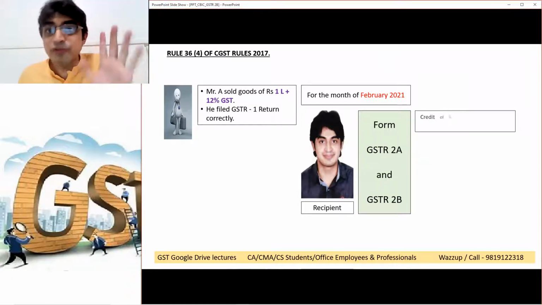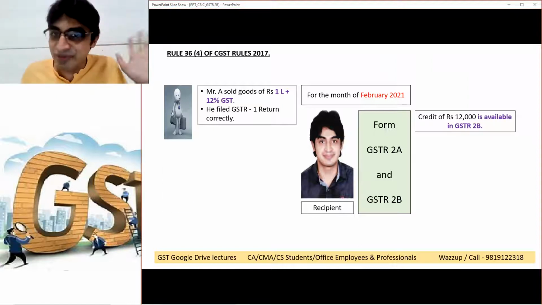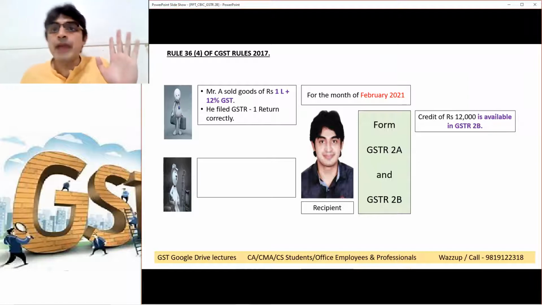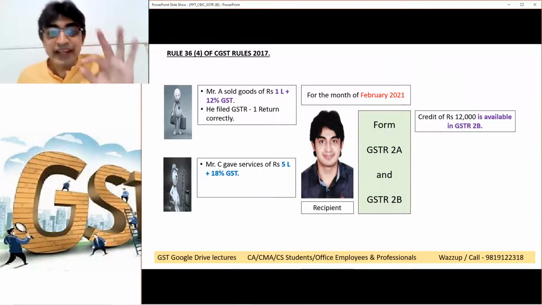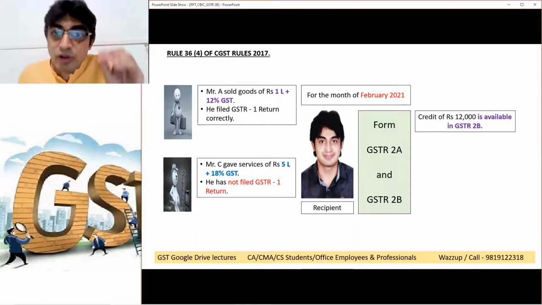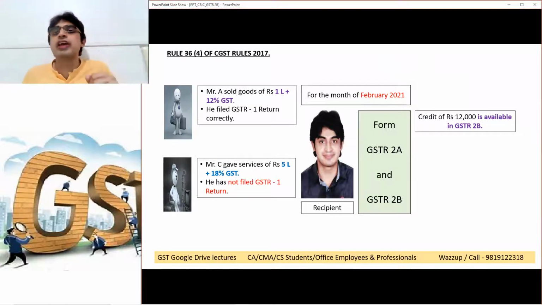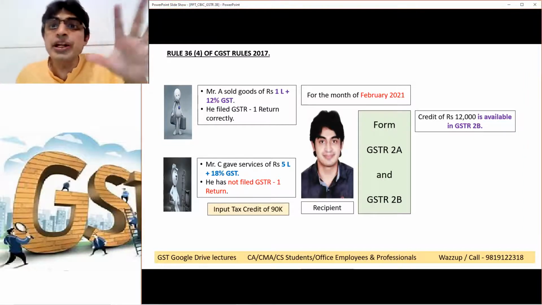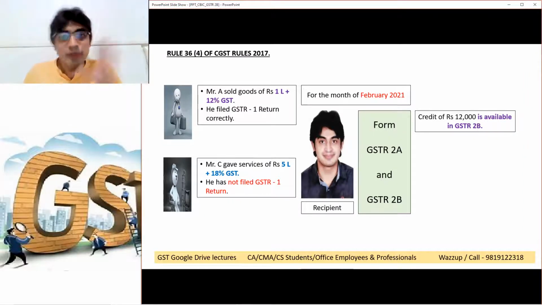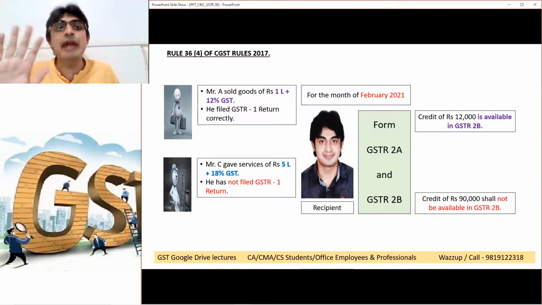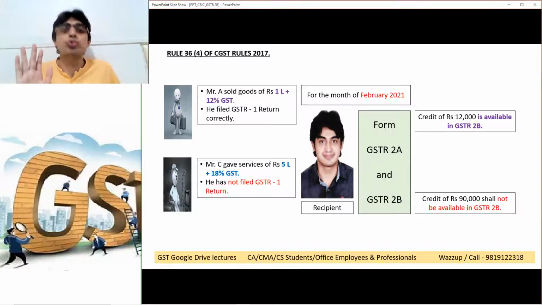So on the basis of this 2A and 2B, I availed this ITC of 12,000. Agreed. But from this supplier also I purchased services of 5 lakh plus 18%. Okay, now this supplier never filed GSTR 1. So this ITC of 90,000 did not come in my 2A or 2B because of that supplier's error. So this 90,000 is neither there in my 2A nor in my 2B.